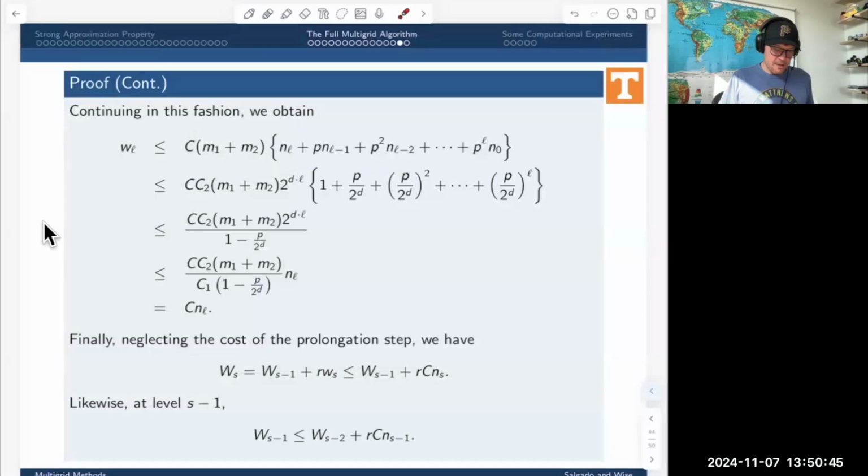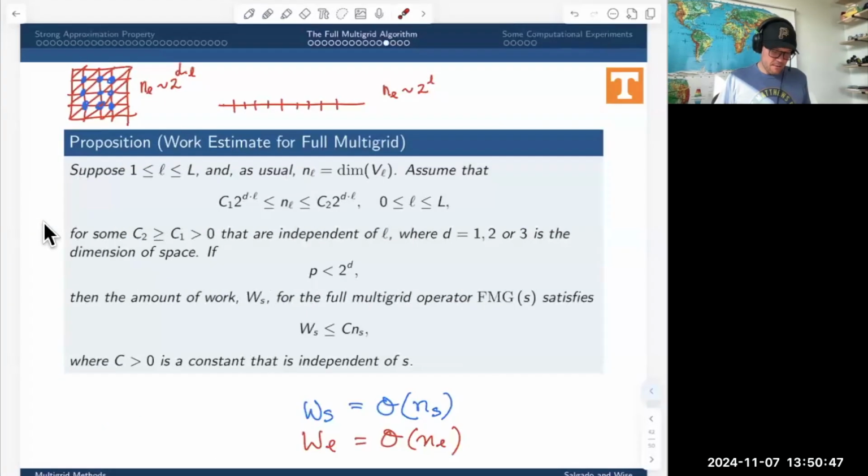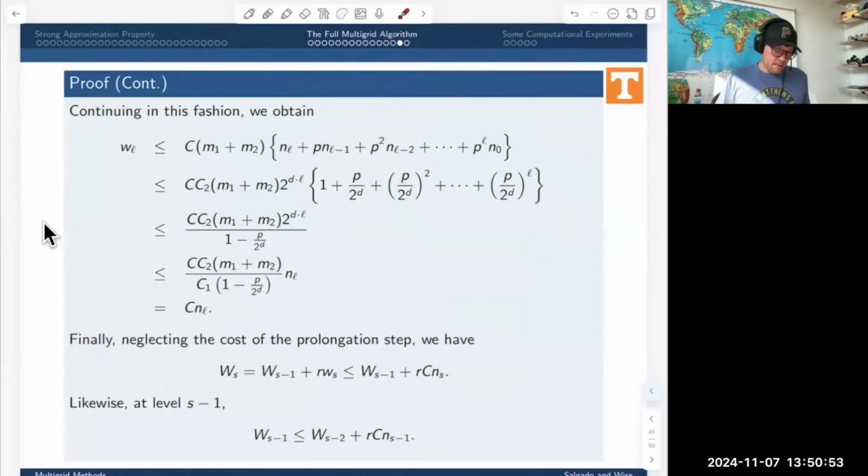And now we're going to use the little technical property that p is less than 2 to the d. When I use that, I can replace each one of these p's by these numbers here. And again, what you see is that I have a geometric series. So this is like p to the 2d to the 0 power, to the first power, second power, going all the way up to power L. And I pull out all the other common factors that are in these terms, in particular 2 to the dL.